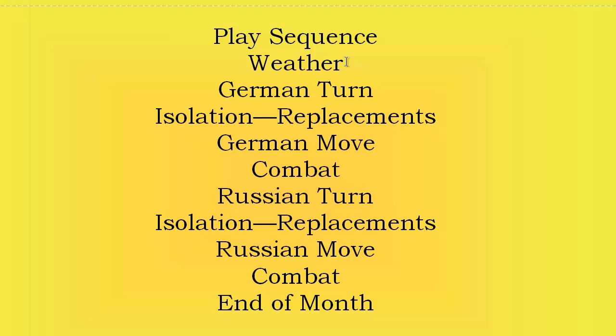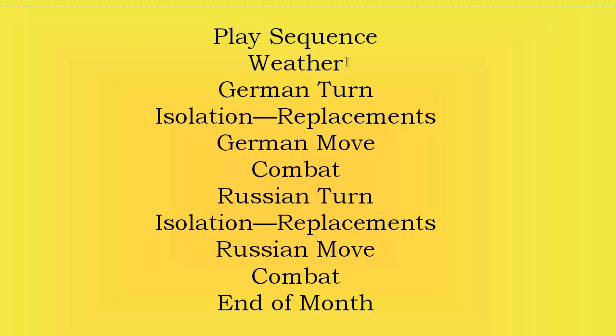There are movement limits, there are zone of control rules, there are terrain limits, but it is the turn of the Russian player, and in general she can move all of her pieces as she sees fit. Once her movement phase is over, we reach the Russian combat phase, in which the Russian is the attacker, just as in the German combat phase, the German is the attacker, and a process is put through to resolve all battles that take place. Once all battles have taken place, it is the end of the Russian turn.